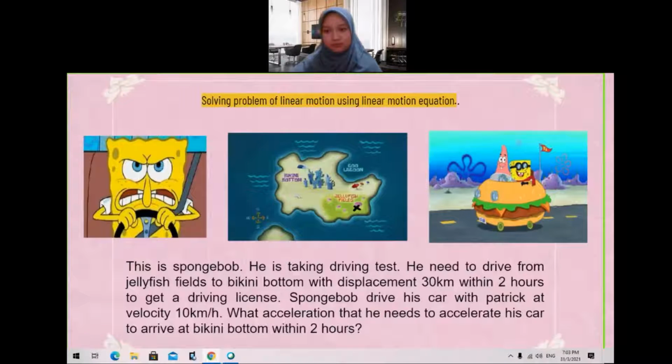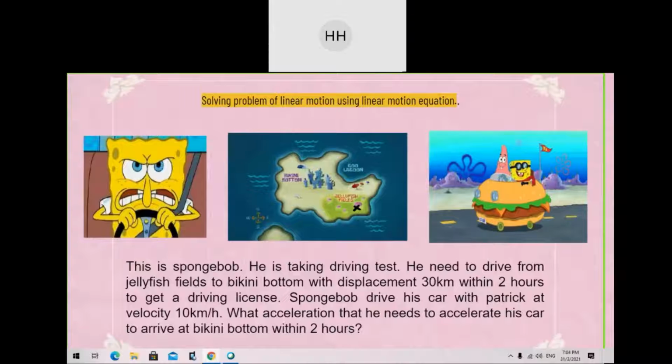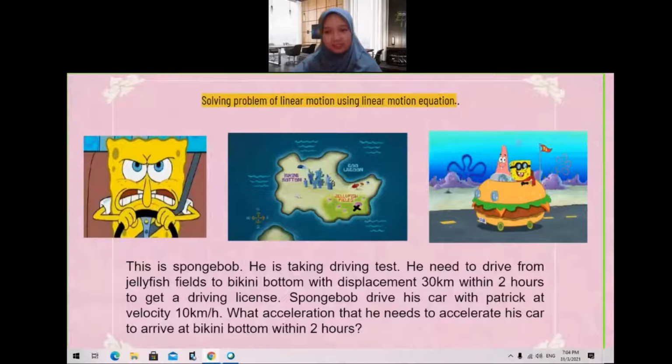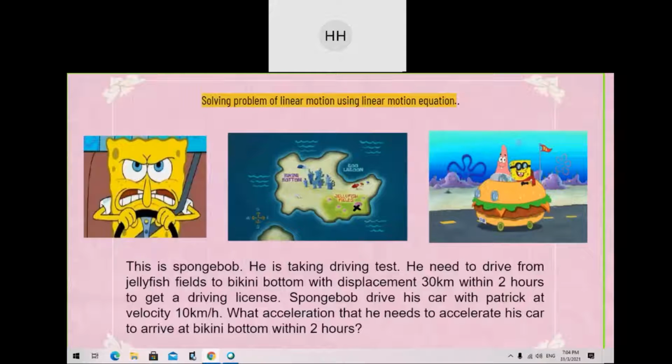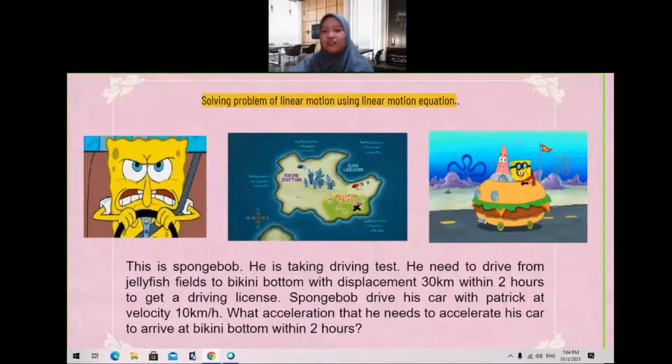Okay, this is the question for you. This is SpongeBob. He is taking a driving test. He needs to drive from Jellyfish Field to Bikini Bottom with a displacement of 30 kilometer within 2 hours to get a driving license. SpongeBob drives his car with Patrick at velocity 10 km per hour.